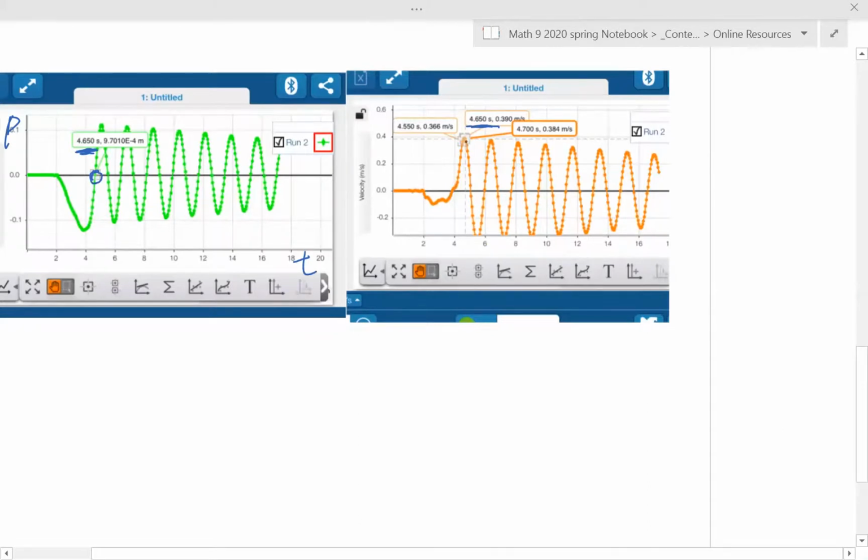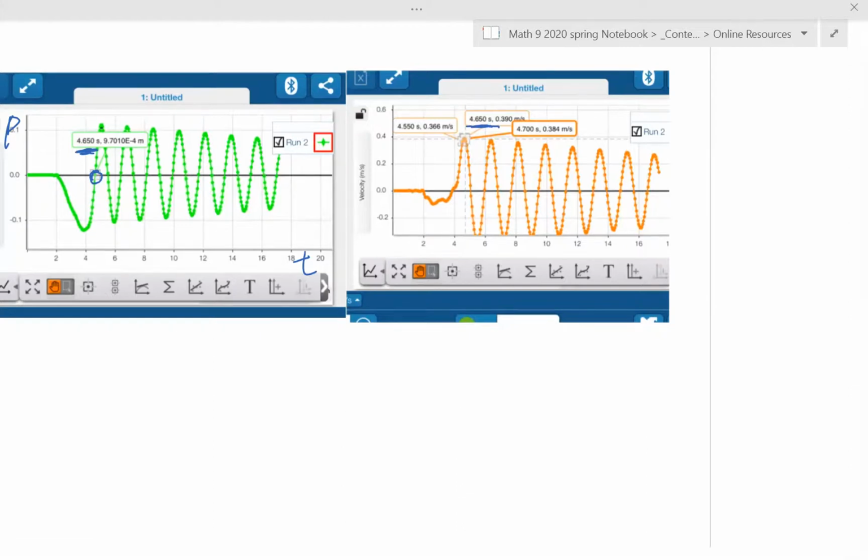And in a quarter of the period, about 0.4 seconds, you can see the speed will go back to equilibrium. And during this same period, the position will actually go up to the highest. So one of them is lagging, one of them is leading.